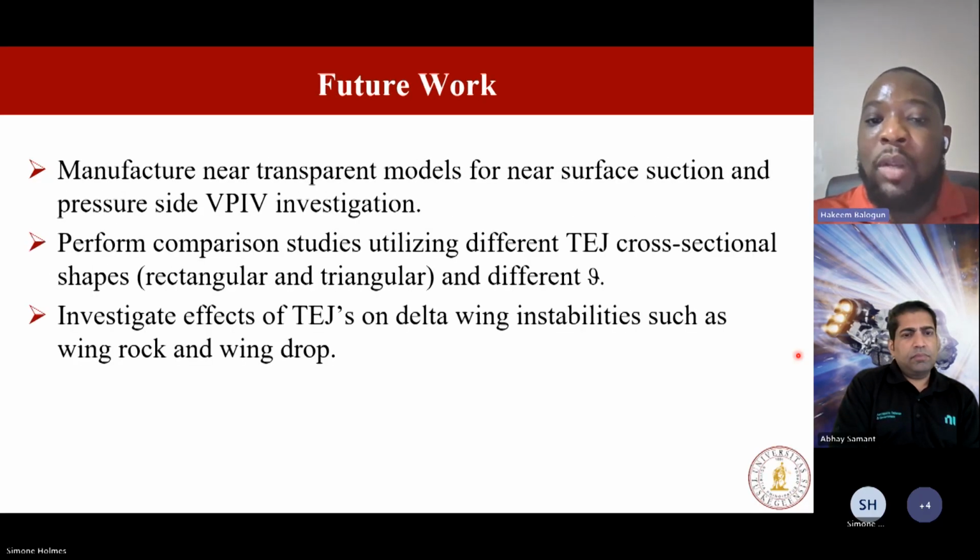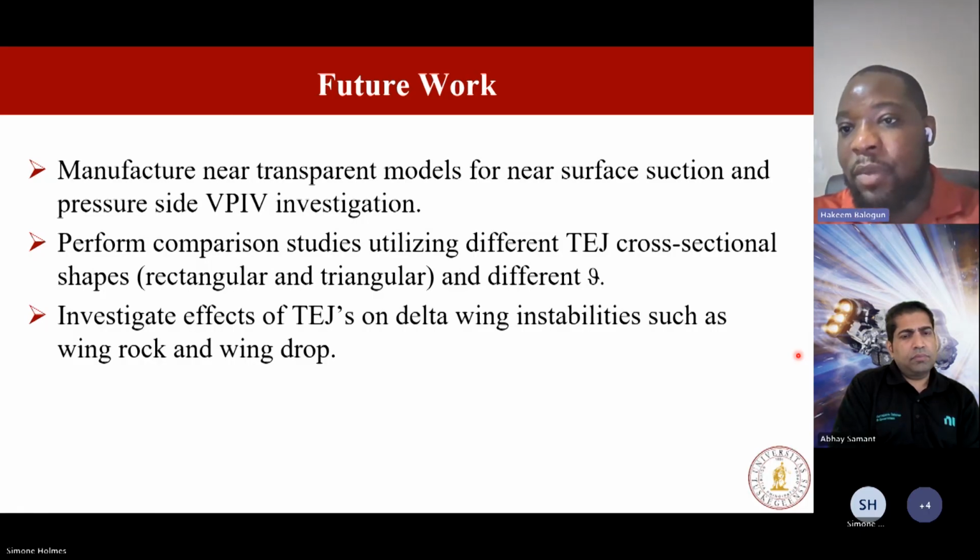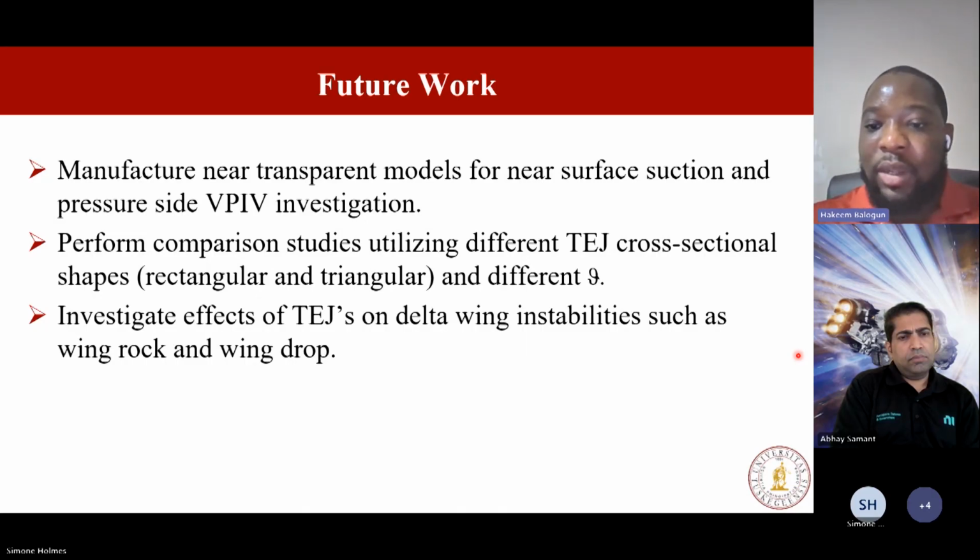And for future work, this is stuff I'll be doing for my PhD. I want to manufacture near transparent models for near surface suction and pressure side investigation of the vortical structures. I want to perform comparison studies using different trailing edge jet cross-sectional shapes like rectangular and triangular, and at different jet angles relative to the root chord.